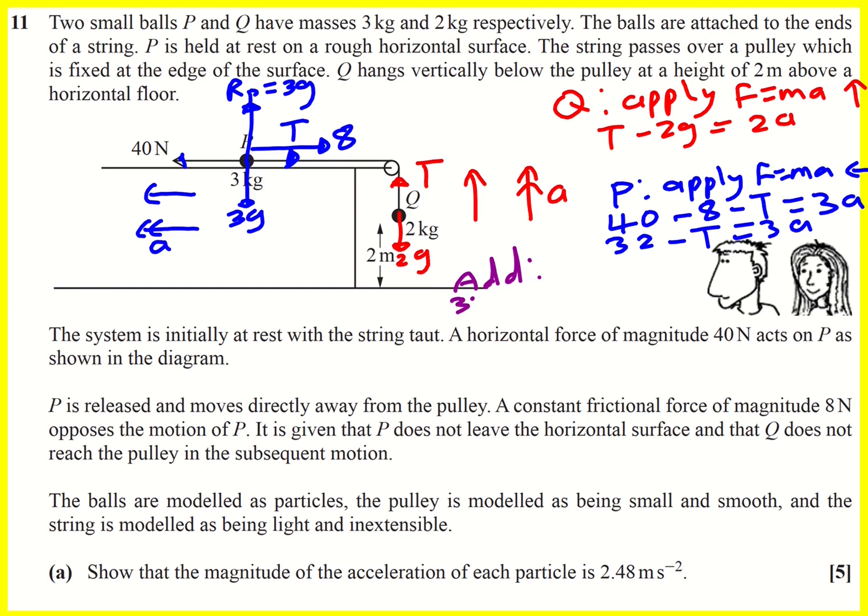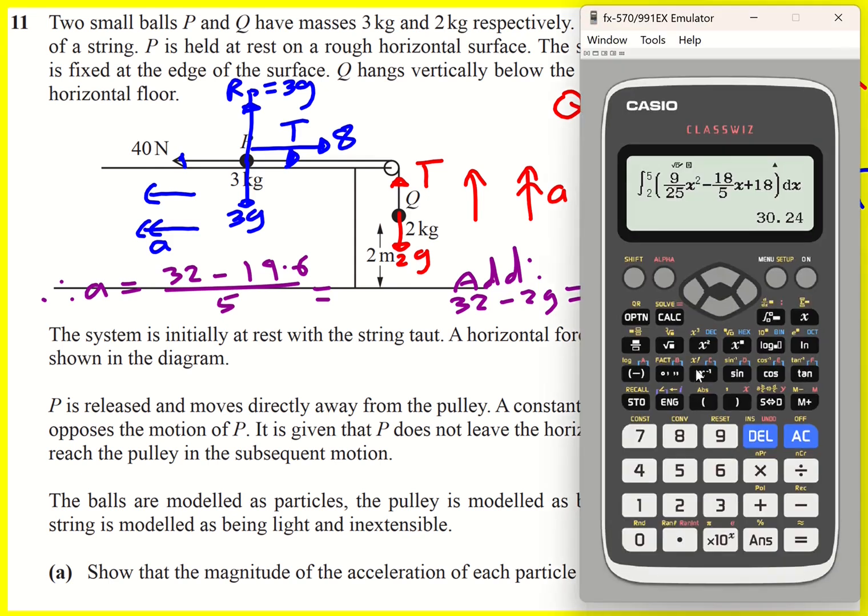I'm going to be left with 32 minus 2g is equal to 5a. And therefore a is going to be 32 minus 19.6, because that's what 2 times 9.8 is, divided by 5, and we're hoping to get 2.48.